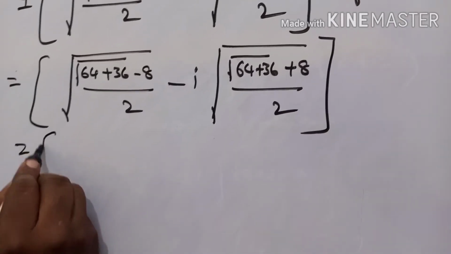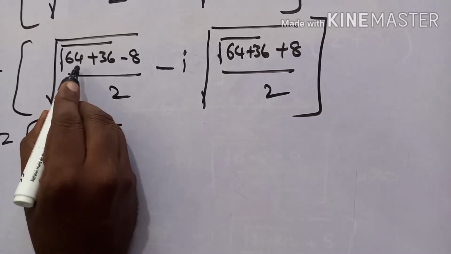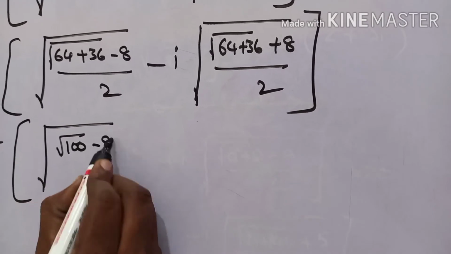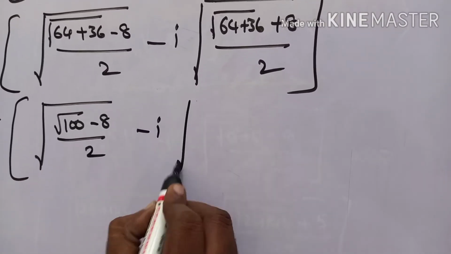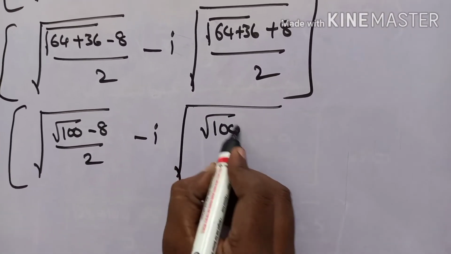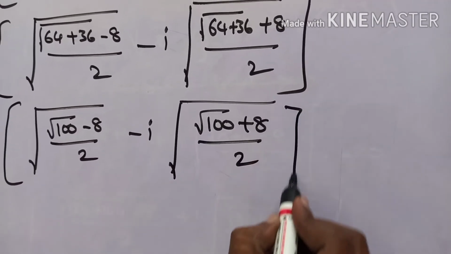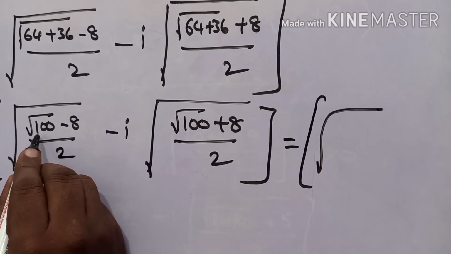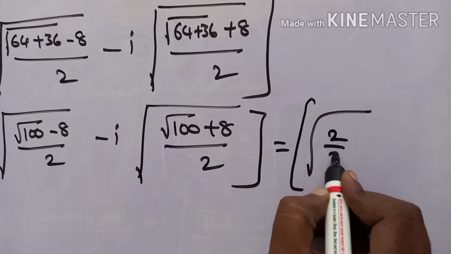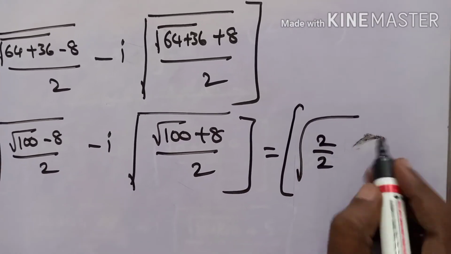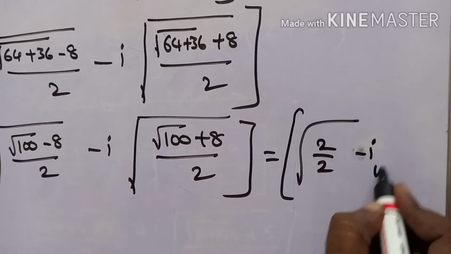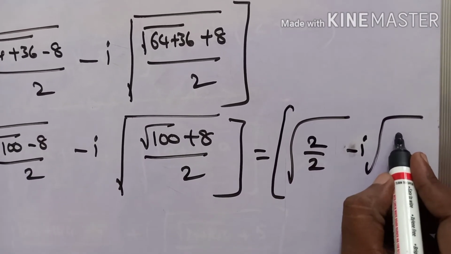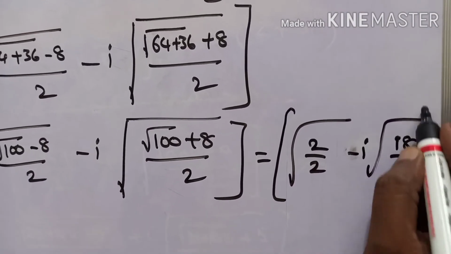That is equal to root over root 100 minus 8 by 2, minus i into root over root 100 plus 8 by 2. That is equal to root over 10 minus 8, 2 by 2, minus i into root over 10 plus 8, 18 by 2.